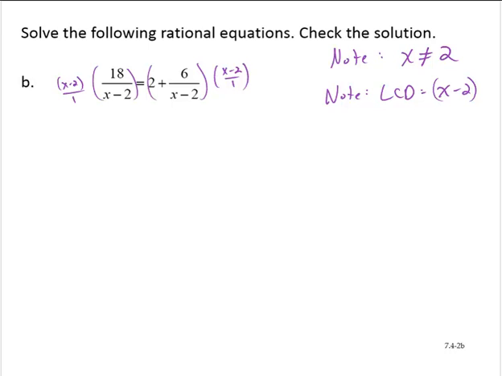Alright, so that gives us x minus 2 over 1 times 18 over x minus 2 is equal to x minus 2 over 1 times 2 plus x minus 2 over 1 times 6 over x minus 2.